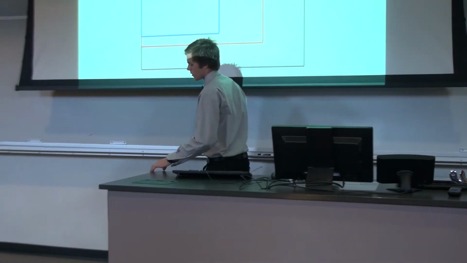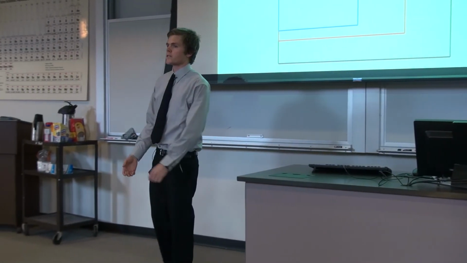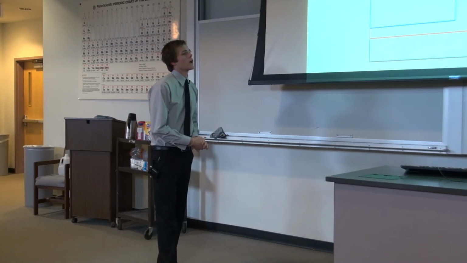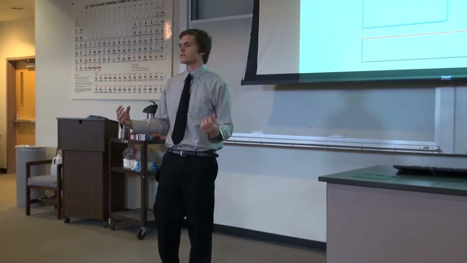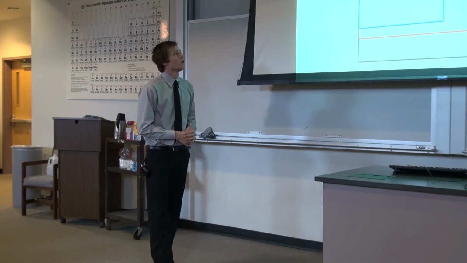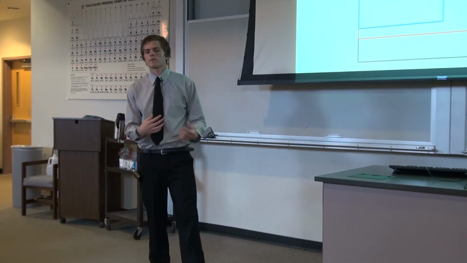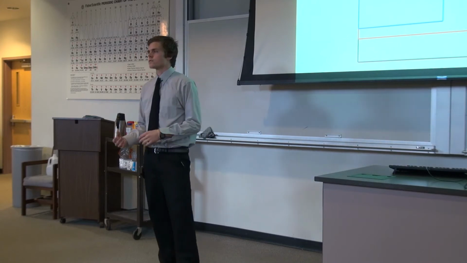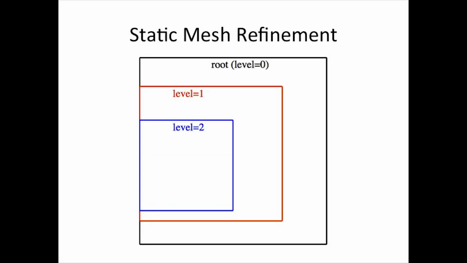So some of the initial problems that we ran into with our initial simulations were that, because of the large separation distance between the black hole and the small size of the cloud, we were having far too much computational time and not enough resolution. So we decided to go back in and add a computational method called static mesh refinement so that we could basically zoom in on the area that we're interested in.